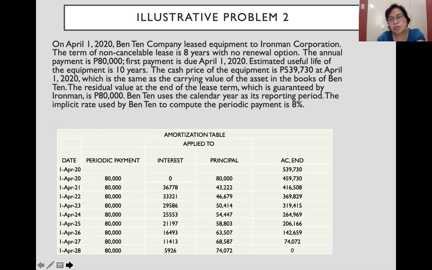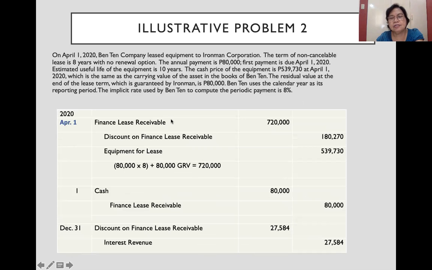At commencement, we have to recognize our finance lease receivable. So on April 1, 2020, we debit finance lease receivable, 720,000, that is 80,000 times 8 plus the guaranteed residual value of 80,000. Credit equipment for lease at carrying amount of 539,730, which equals the present value of the total payments accruing to the lessor, including the present value of the guaranteed residual value.